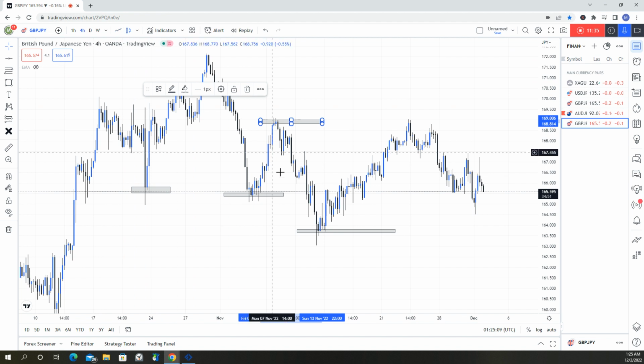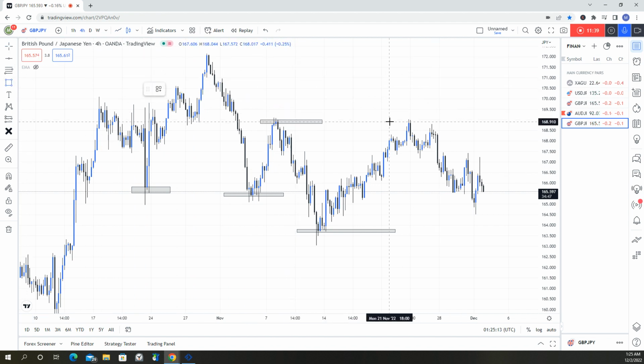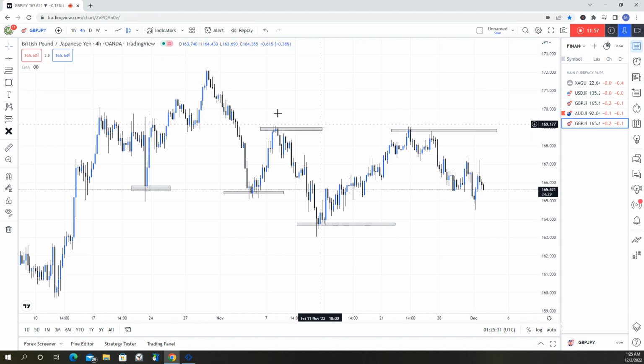Same thing. Price was going up, hits the level, starts going down. There is another level here. The price came back to it, couldn't break it, retraced, went back up to it, couldn't break it. Then what happened? The sellers pushed the market all the way down. So those are levels that I usually look at when identifying key levels.